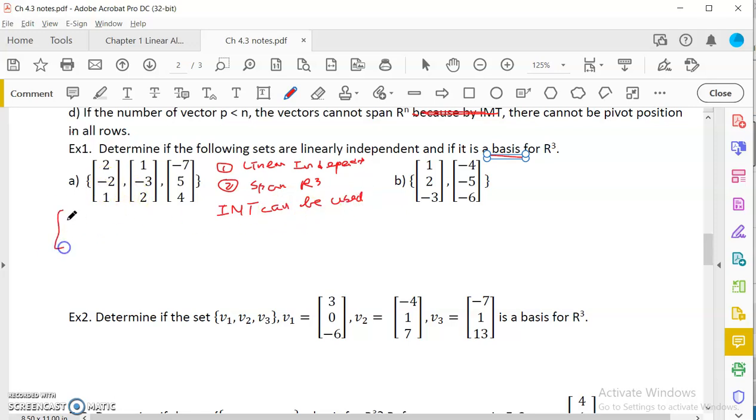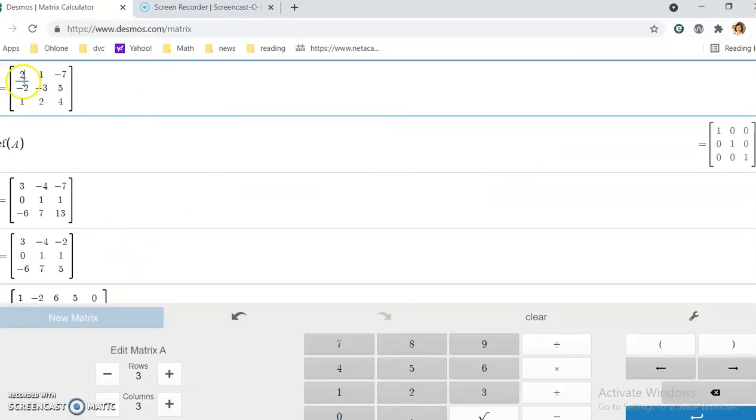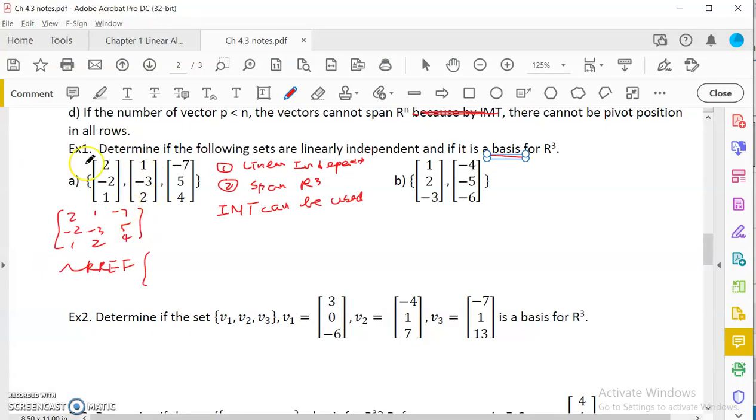So make them into a matrix: 2, -2, 1, 1, -3, 2, -7, 5, 4. Do an RREF and see if it is row equivalent to the identity matrix. I already did it. The RREF is the identity matrix, 1, 0, 0, 0, 1, 0, 0, 0, 1, so by the Invertible Matrix Theorem, the original matrix A must be invertible.